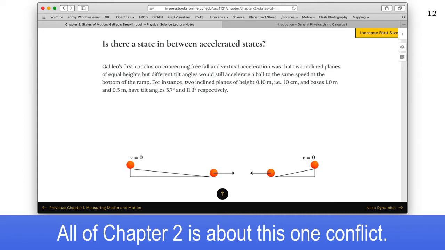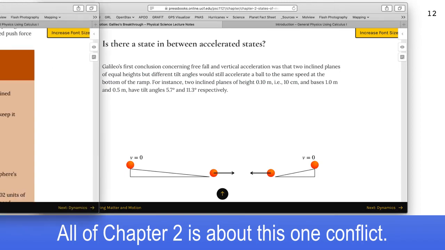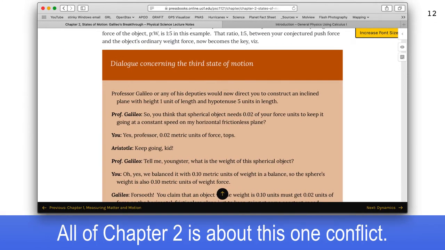So here's one. And this is the question. Is there a state of motion between accelerated states? And Galileo was able to say, yes, there is. I also have this dialogue about the states of motion that you can look at and read. And it's me, I made it up.